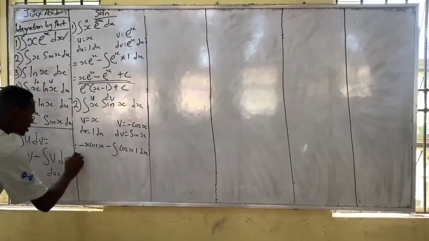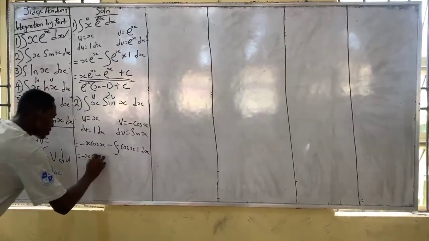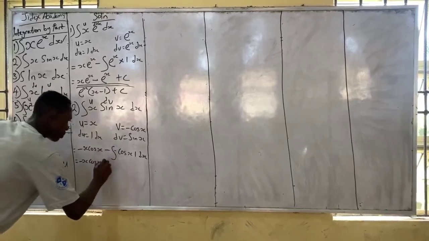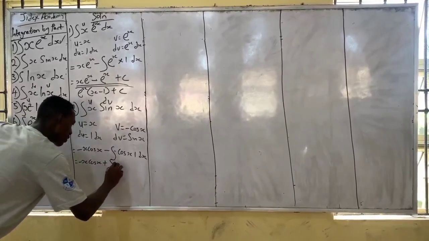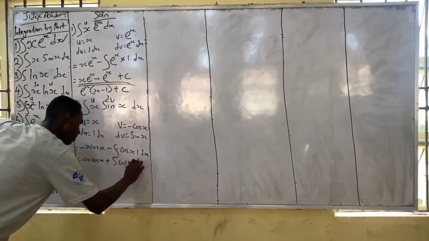Are you getting me? So this is equal to minus x cos x, minus times minus will be plus, the integration of just cos x dx.